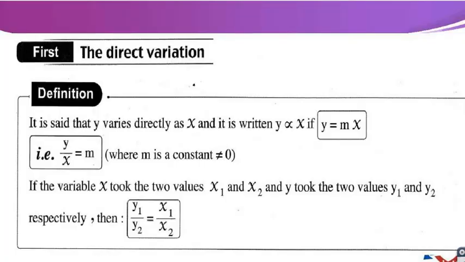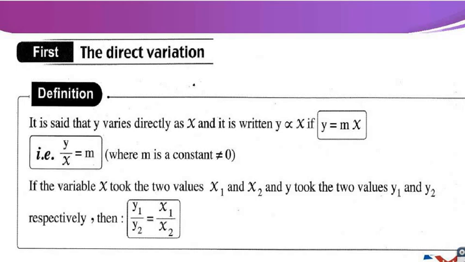The relation between two variables x and y. If the value of x increases, then the value of y increases. If the value of x decreases, then the value of y decreases.